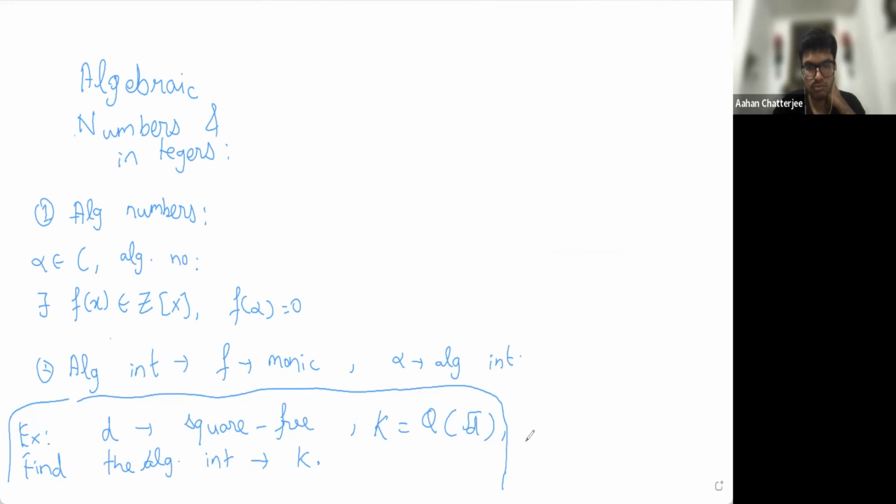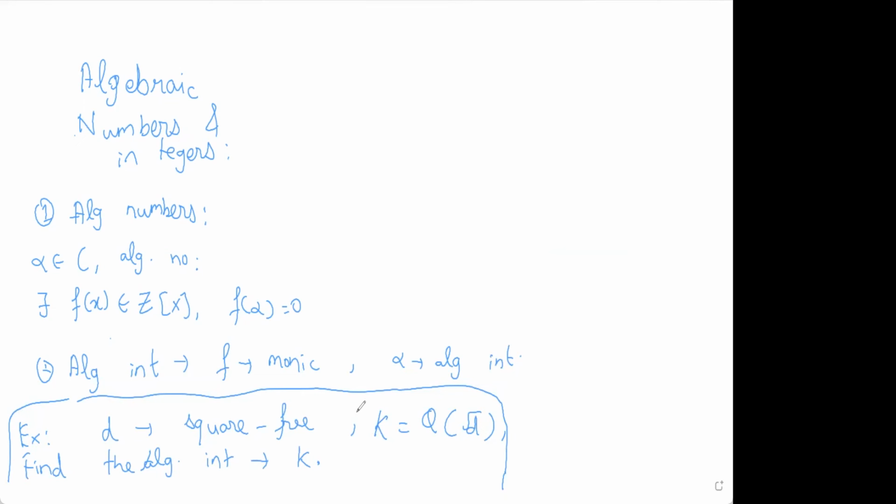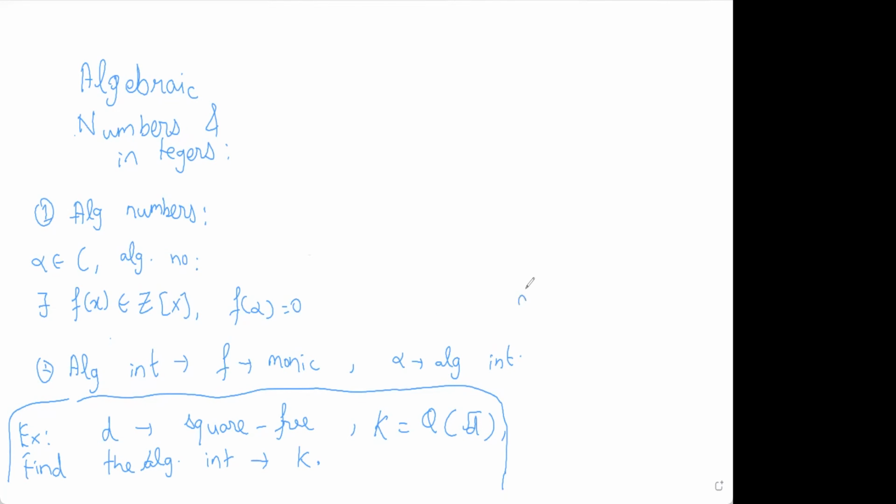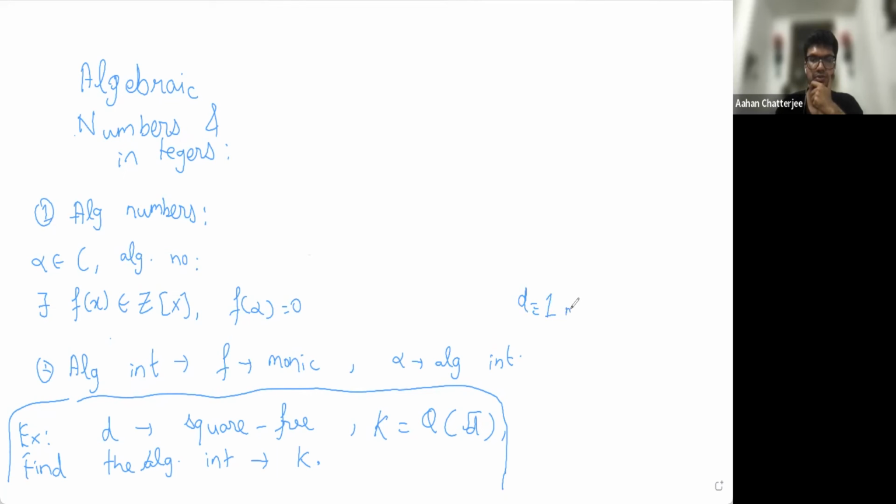Okay. Does anybody know the answer? Like I read about it previously, but I forgot, it was based on like two cases, I guess. Yeah, that's right. So what you do is you consider D congruent to 1 mod 4 and D congruent to 3 mod 4.